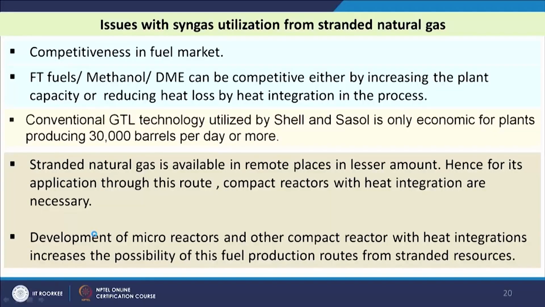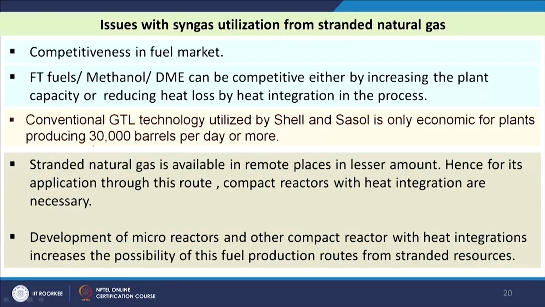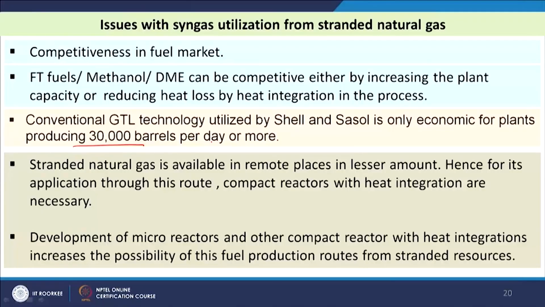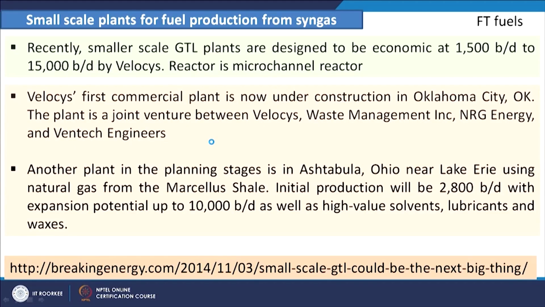So, small scale reactors are basically needed for that application, and it has been reported that gas to liquid conversion processes can be economically feasible only when the plant capacity is very high, that is 30,000 barrels per day or more, but these stranded natural gases have smaller reserves and are in remote areas. So, we need to convert them at lesser amounts.